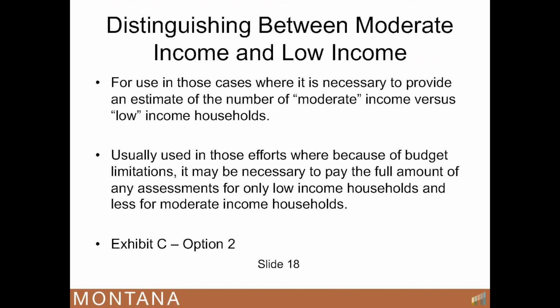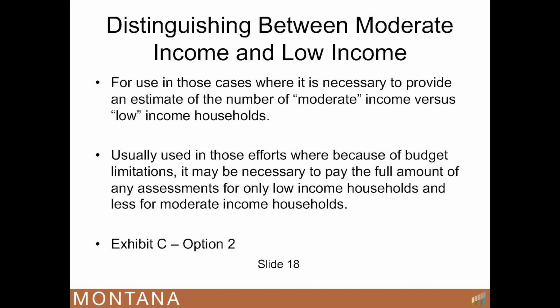Slide 18 discusses the case where, for CDBG income survey purposes, it is necessary to distinguish between moderate income and low income. This model is for use in those cases where it is necessary to provide an estimate of the number of moderate income households versus low income households.